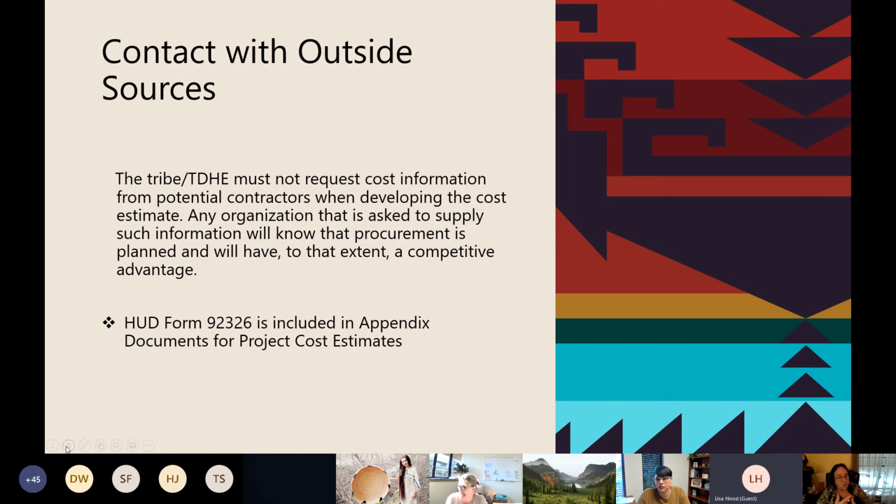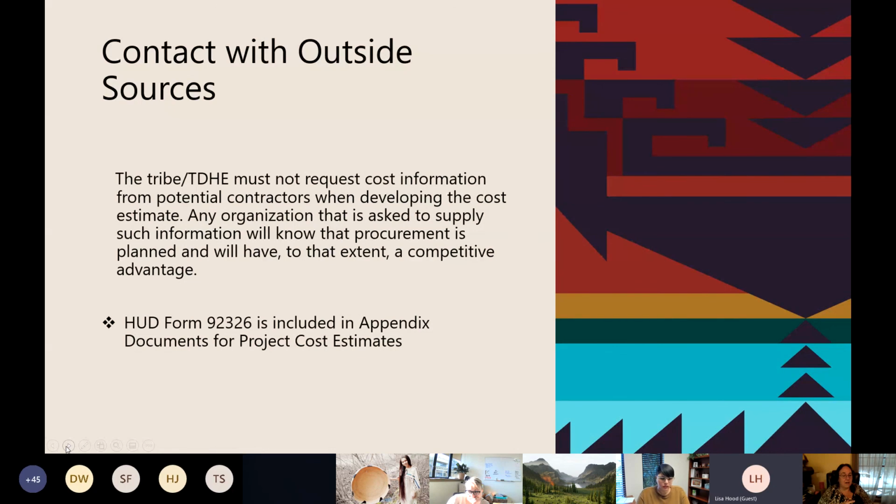Contact with outside sources: you must not request cost information from potential contractors when you're trying to develop that cost estimate. Any organization that's asked to supply such information is actually going to know what procurement is planned, and they'll have, to that extent, a competitive advantage.